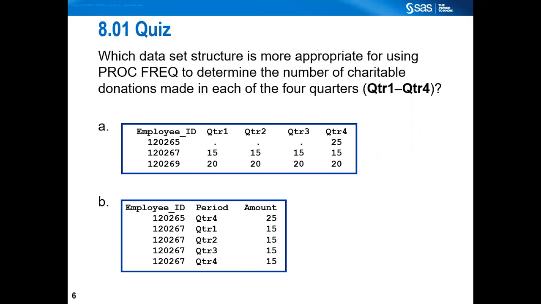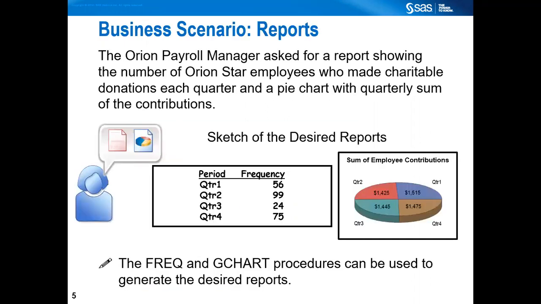How do we write the PROC FREQ procedure? What is the TABLES syntax? PROC FREQ, and then we give the input data set. Then TABLES, we select one of the variables, and then calculate the frequency. So if you are telling one of the variables, with your B structure table, which variable will you be using? Look at the report, period.